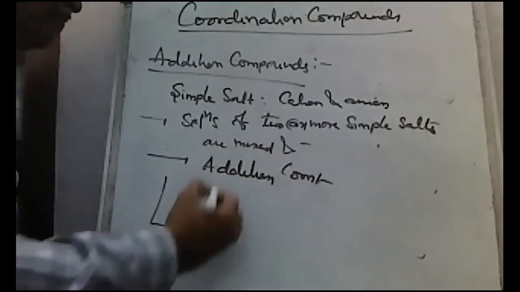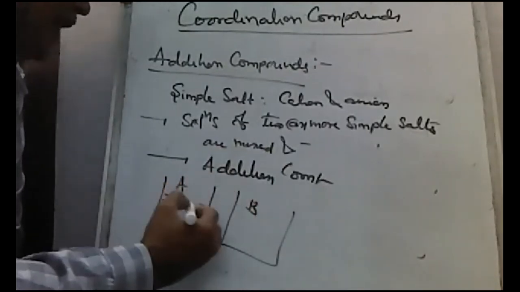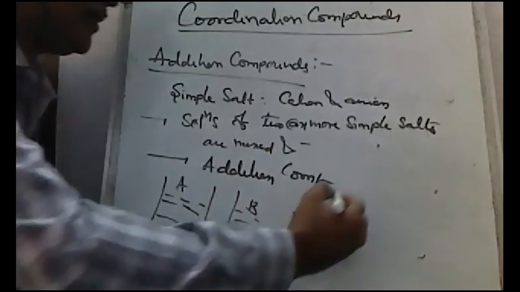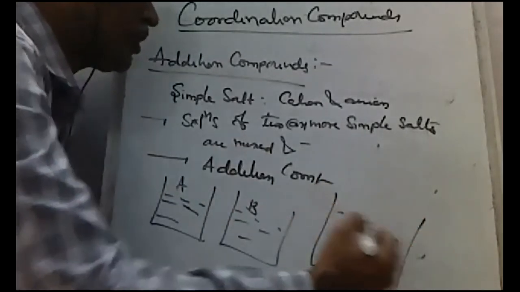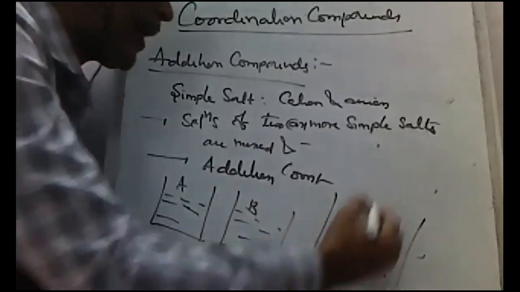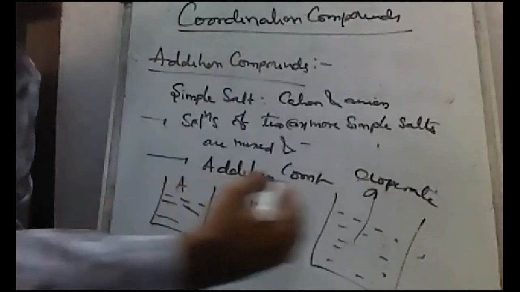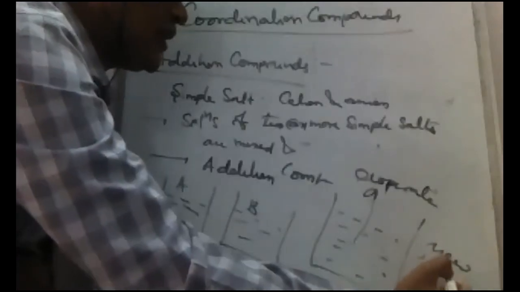Here I have taken two simple salts, A and B, taken their aqueous solutions and mixed the solution of A and solution of B. I got a new solution. Then I allowed it to evaporate and got new crystals.